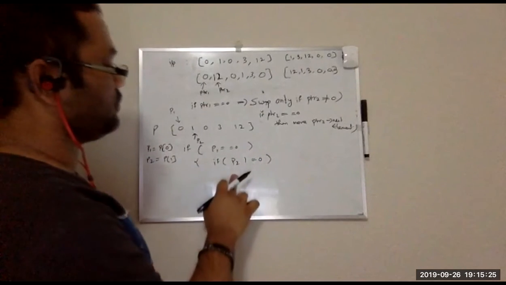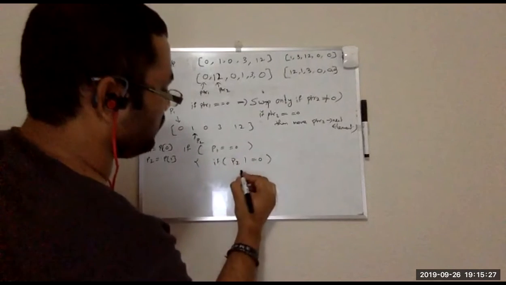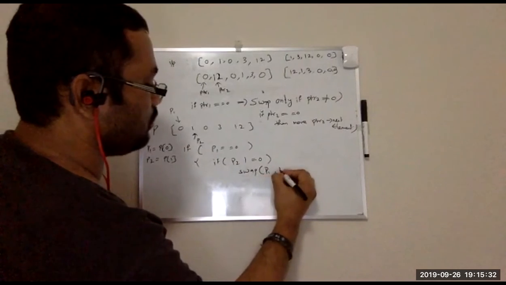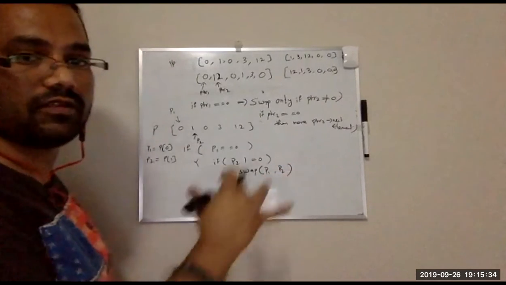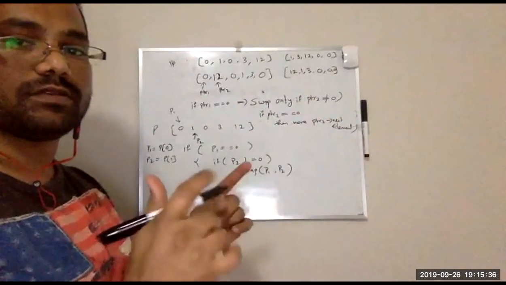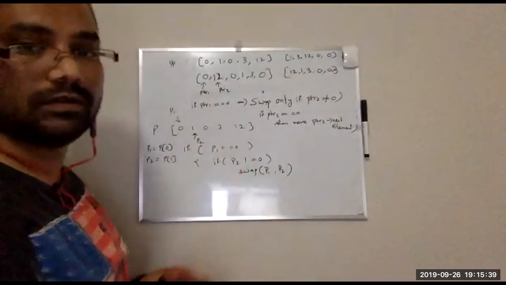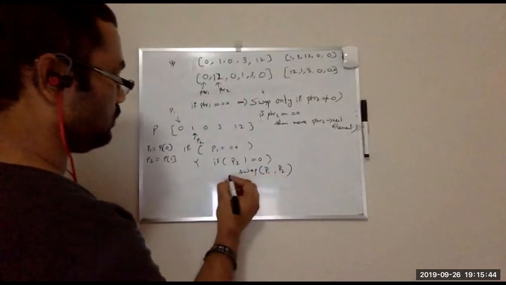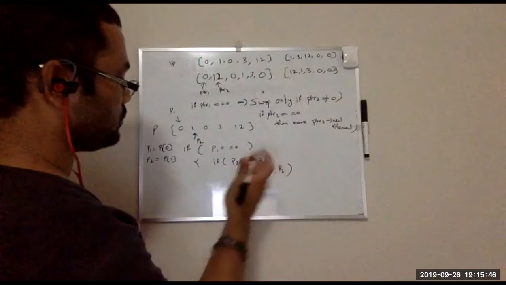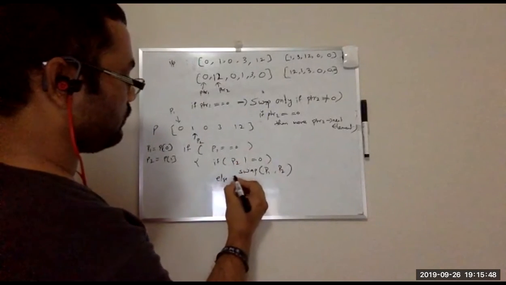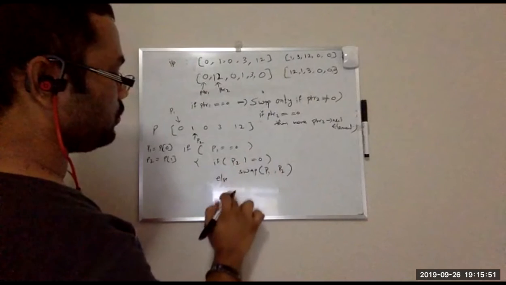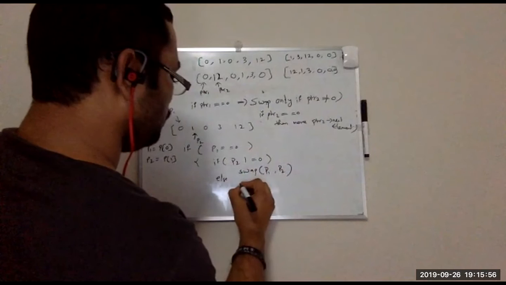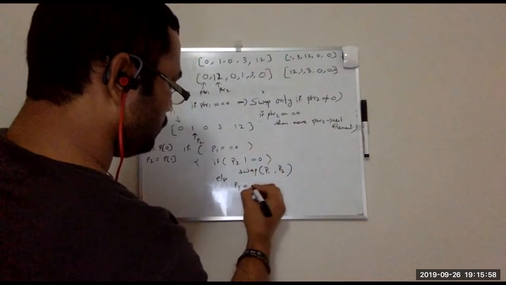If P2 is not equal to 0, then we'll swap P1 with P2. We will have another function, swap, which just swaps the elements at P1 and P2. Let's think that we already have a swap function. If P1 is equal to 0 and P2 is equal to 0, then we just move only P2.